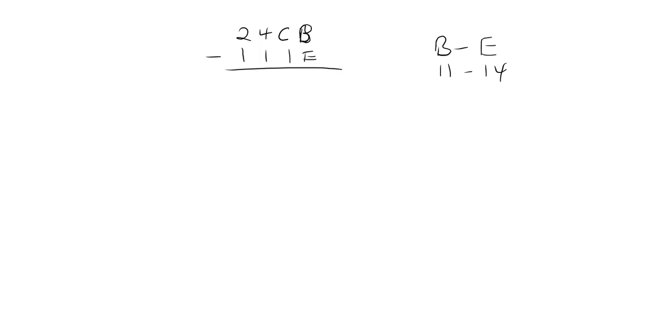So in this case, we know we cannot subtract 14 from 11, as we know from normal subtraction. For example, as you cannot subtract 6 from 5, you have to borrow. Here B is smaller than E, so we have to borrow.